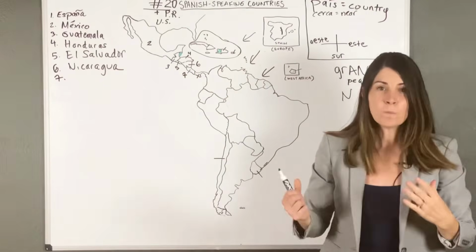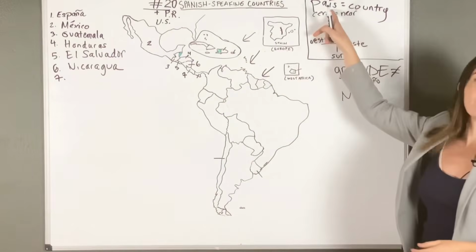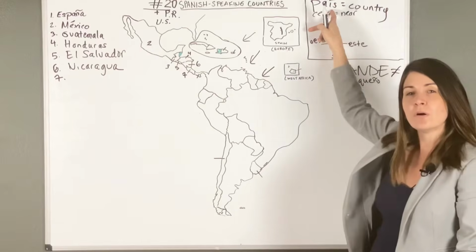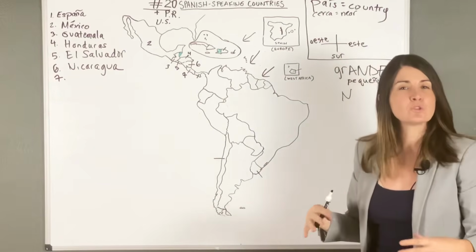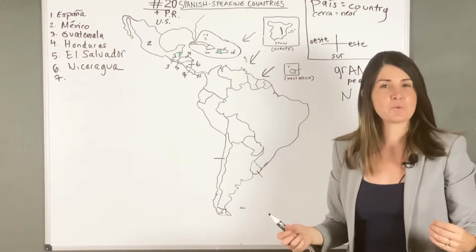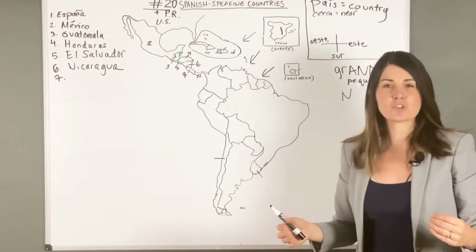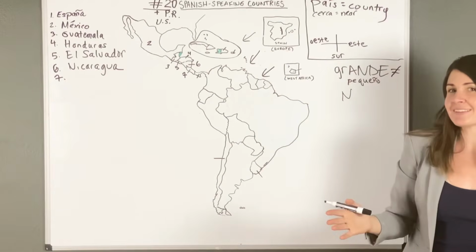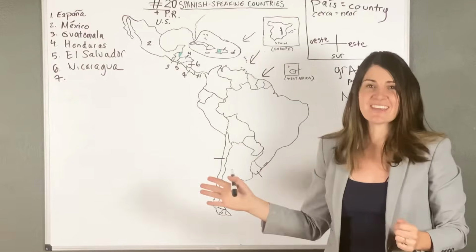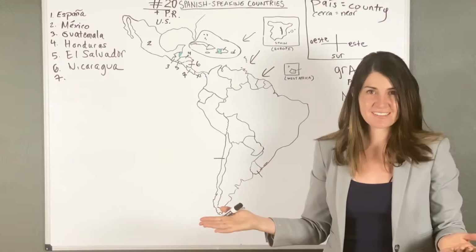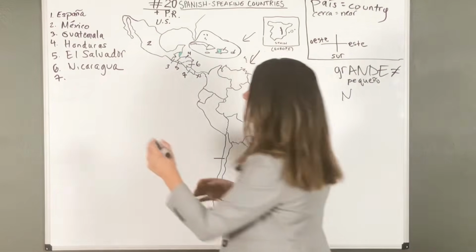Número 7 es un país muy famoso por el ecotourismo, ecotourism. Y hay muchos expats que viven allí. ¿Cómo se llama el país? Costa Rica.